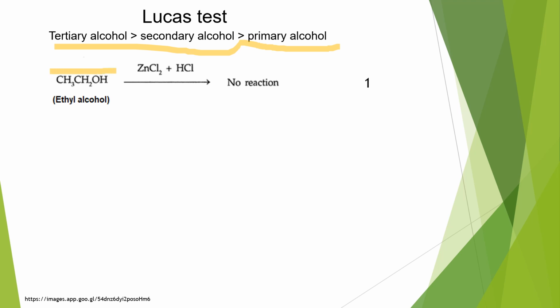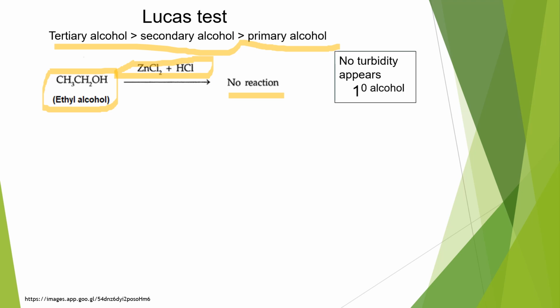So we have taken an alcohol solution. We don't know which class it belongs to. So you add the Lucas reagent, that is zinc chloride with HCl. So no reaction. The given alcohol solution with the Lucas reagent is not forming any product. So how do I know the product has formed or not? Because it has to form a turbidity, right?